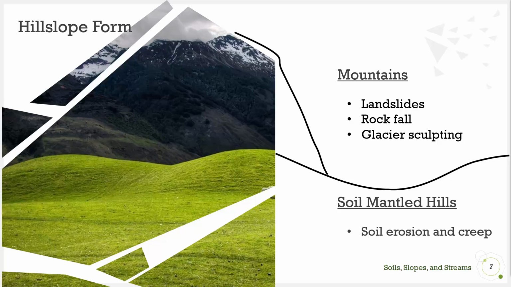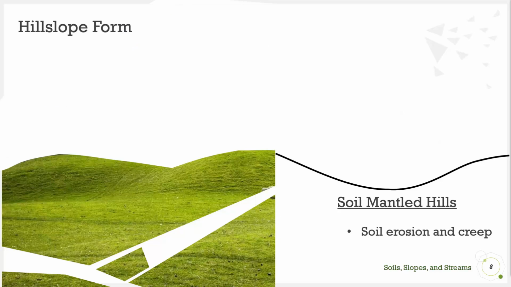While in the soil-mantled hills, we have processes that actively erode the soil and produce the soil at the same time. A different lecture will talk about landslide processes on slopes, and so let's focus on the erosional processes that closely relate to the soils, such as we have here.